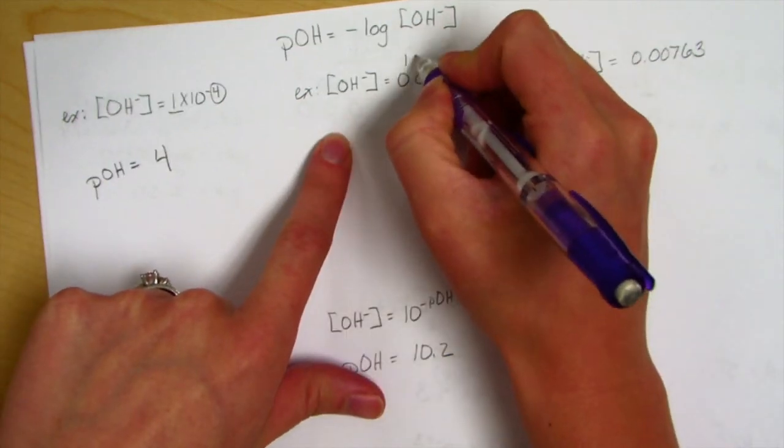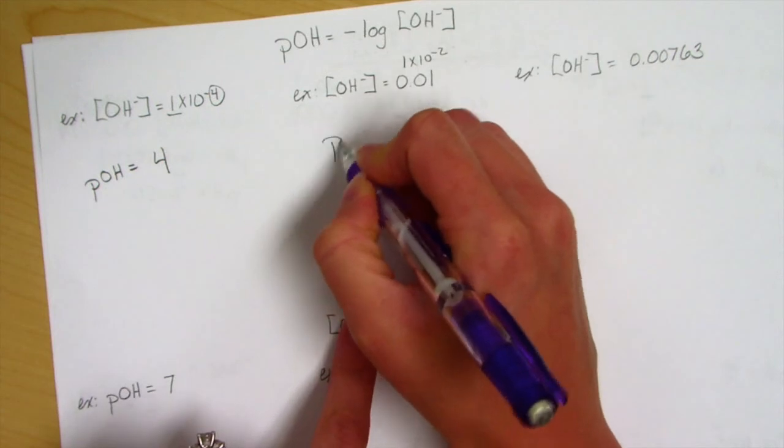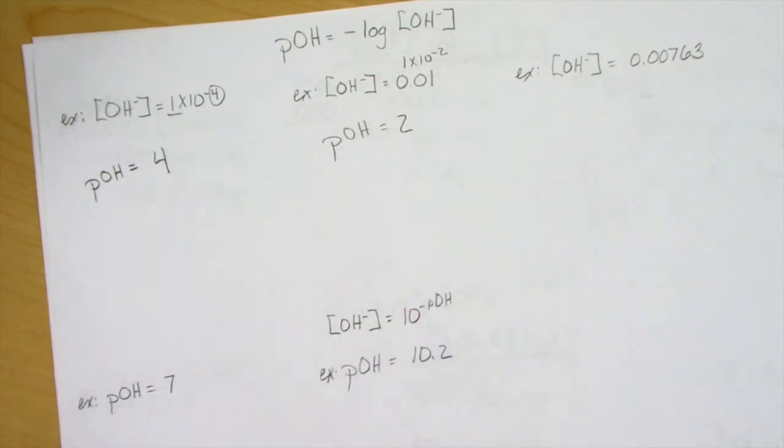Here we can again put it into scientific notation. Our pOH would equal 2. You can plug it in, you can say negative log of the OH minus, and that would work. But again, if it's easier, work smarter, not harder.